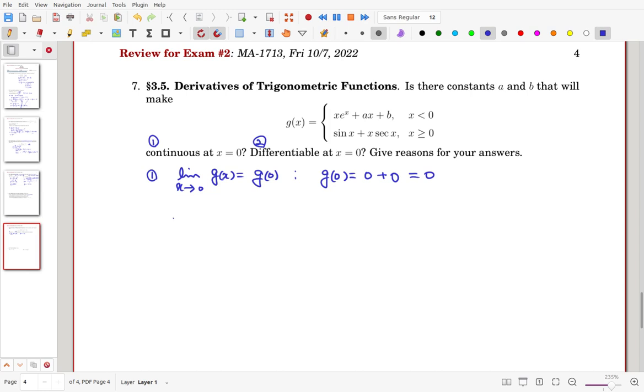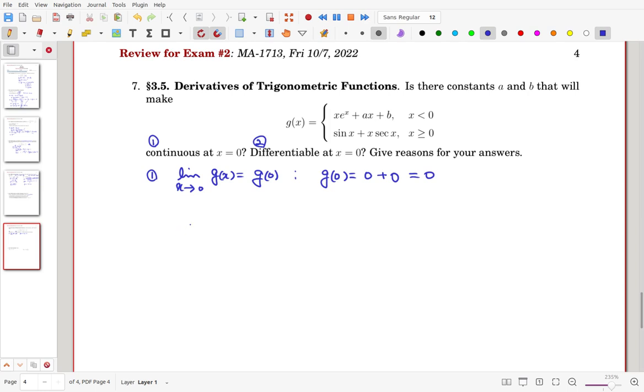Now here the right side is continuous around 0, and then on the left-hand side, as x approaches 0, the value must be 0.